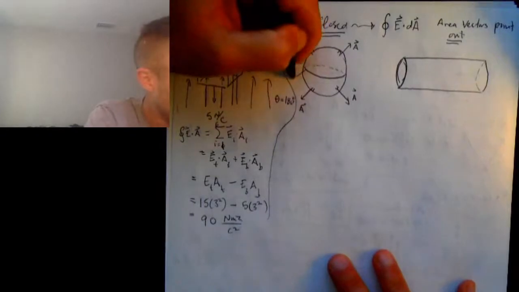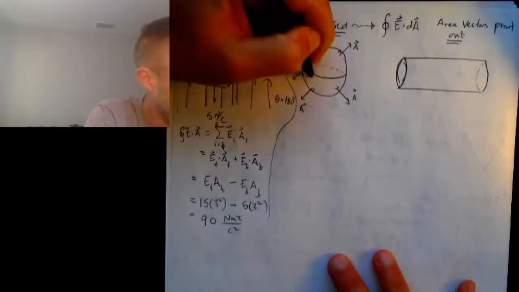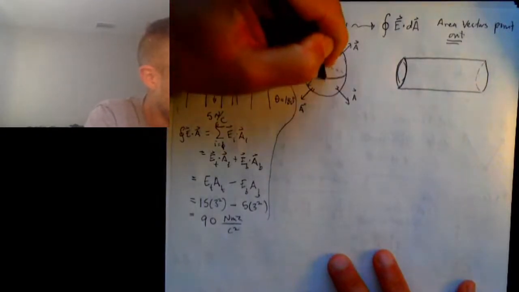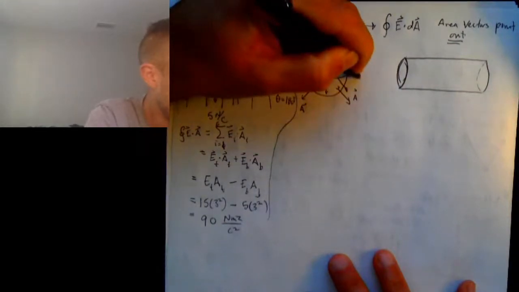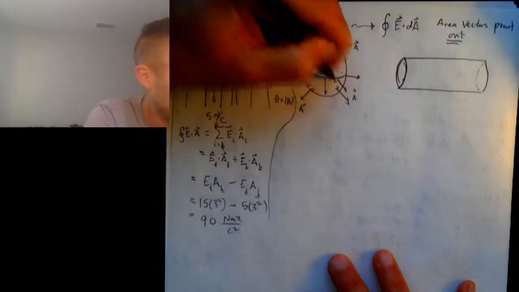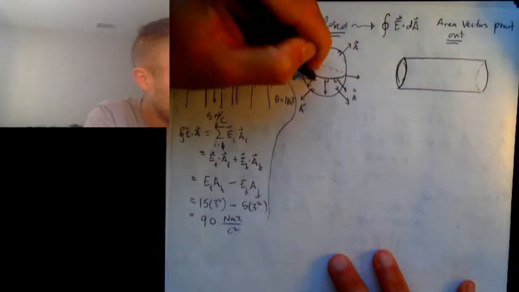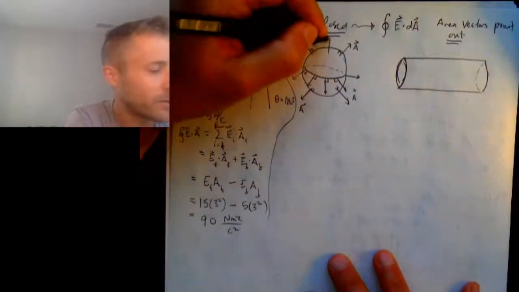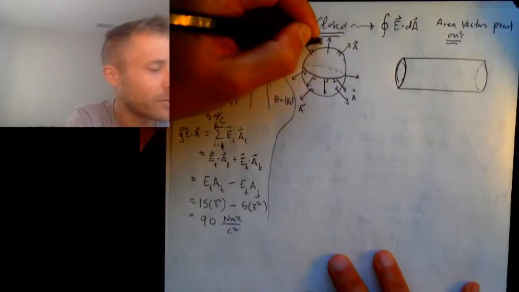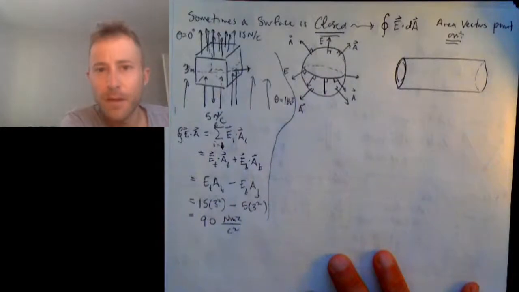So this electric field is always pointed outward like that, so that it always has 90-degree angles with the surface. Okay, so there's another electric field vector. It has a 90-degree angle. Okay.